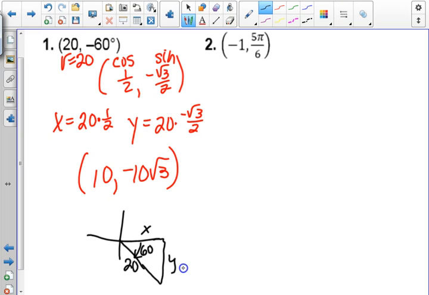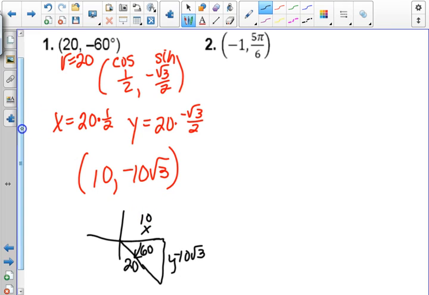Not that I looked at any of the questions and not that we're discussing the test, okay? But the relationship here is half the hypotenuse is the short leg, which would make this 10, and this is the short leg times the square root of 3, and it's going down. Did we come up with that answer?